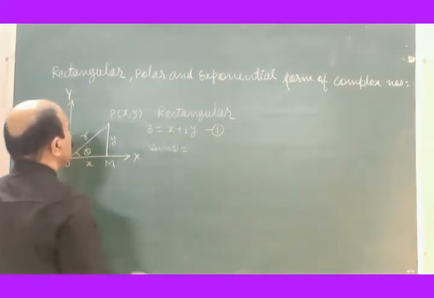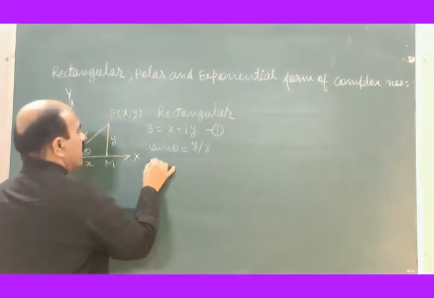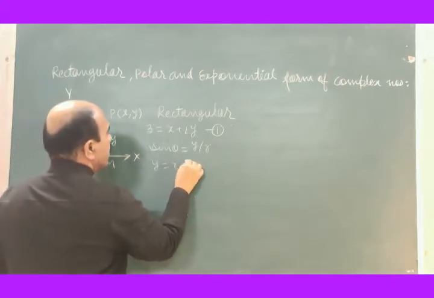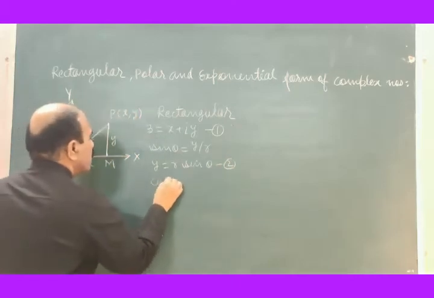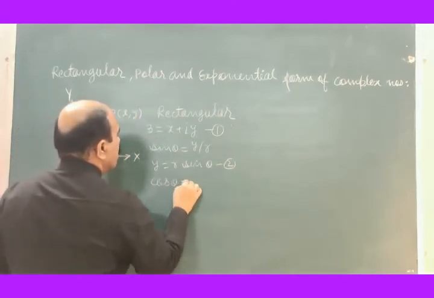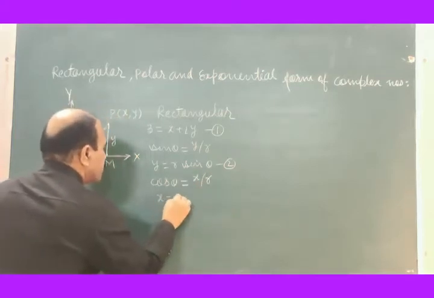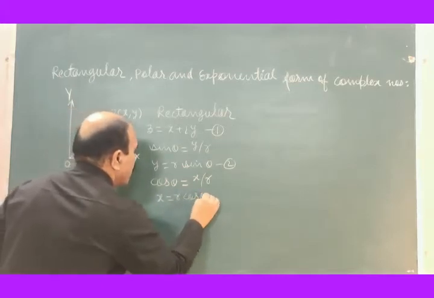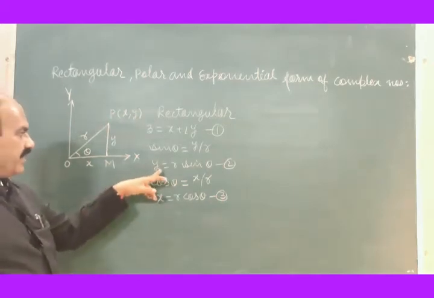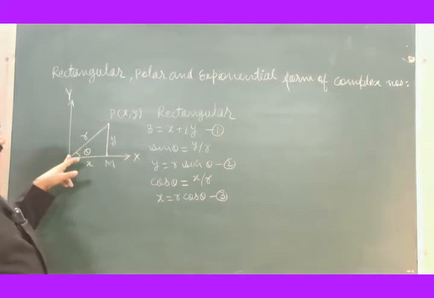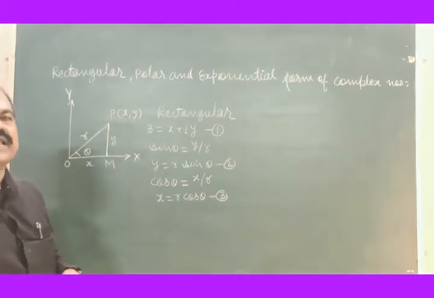Sin theta is equal to opposite side divided by hypotenuse, that is y divided by r, or y is equal to r sin theta, equation number 2. Cos theta is equal to adjacent side divided by hypotenuse, or x is equal to r cos theta, equation 3. The values of y and x are found using the right angle triangle OPM.